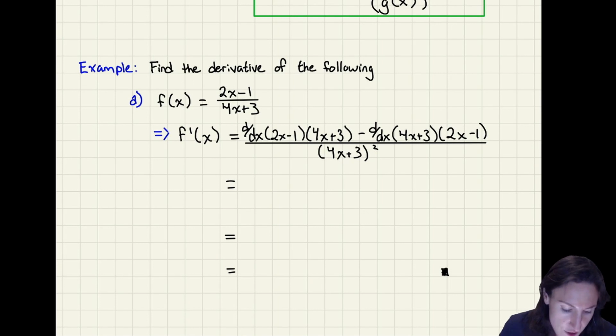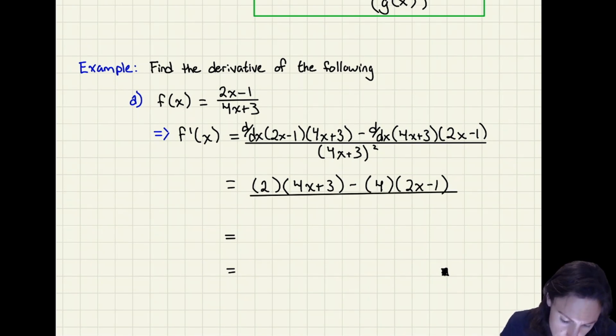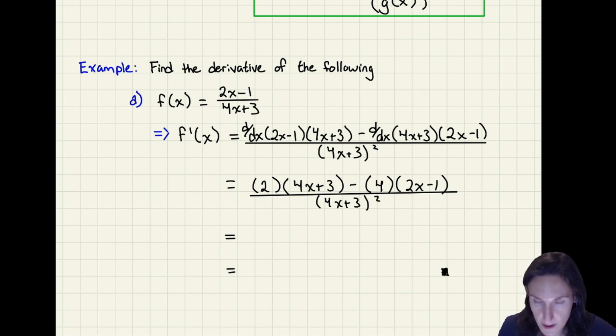Okay, so now let's actually take some of these derivatives. So the derivative of the first term is just going to be 2, and then we're going to have 4x plus 3 minus the derivative of the bottom, which is just going to be 4 times 2x minus 1. And then we're going to divide all of this by the bottom, 4x plus 3, all squared.